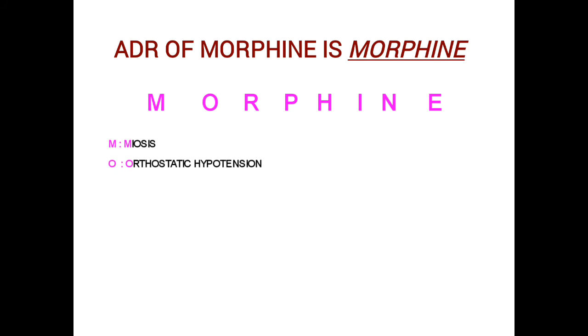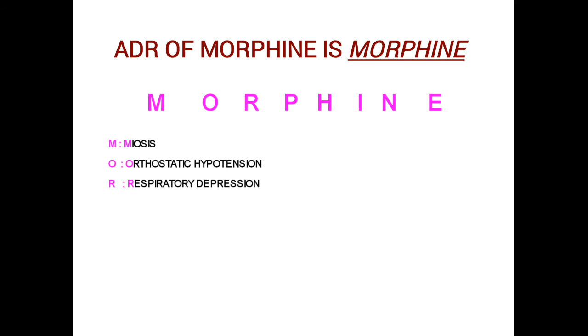It is morphine. And the ADR of morphine is morphine. That is, you need to remember morphine, MORPHINE. And what's coming for M? Meiosis. And for O, orthostatic hypotension, that is postural hypotension.